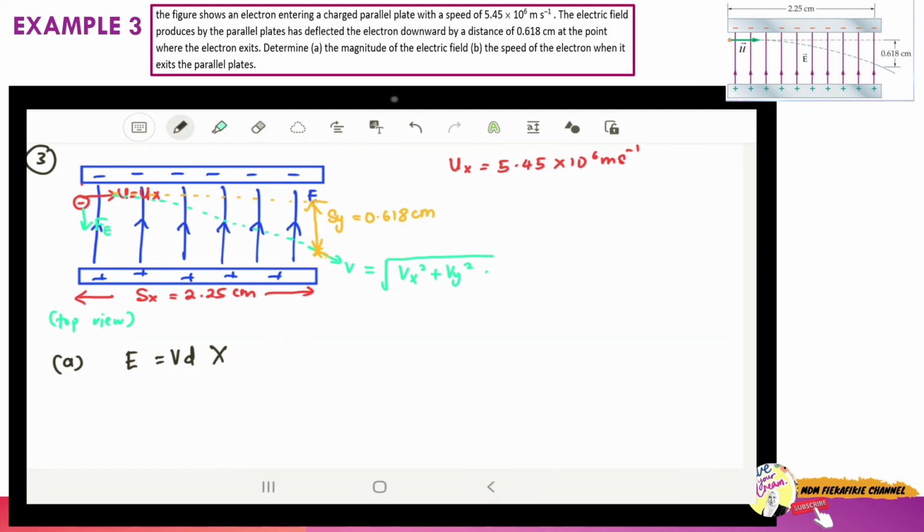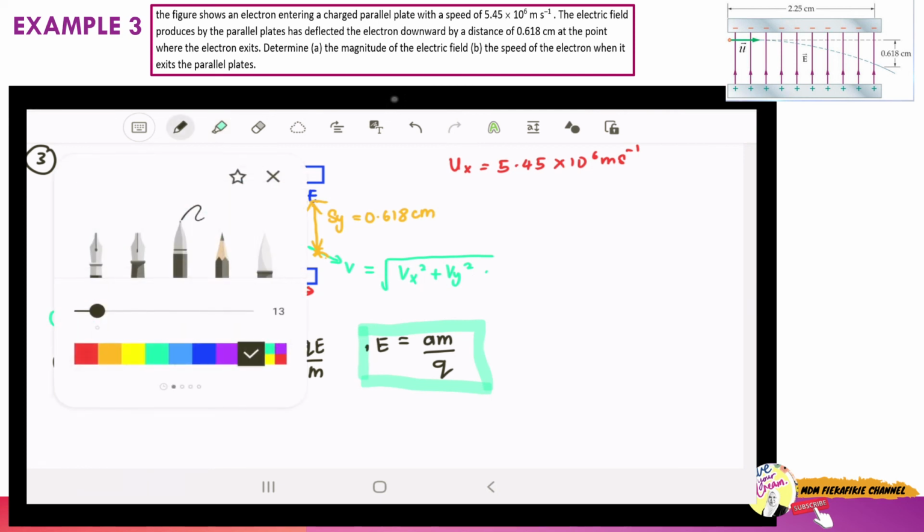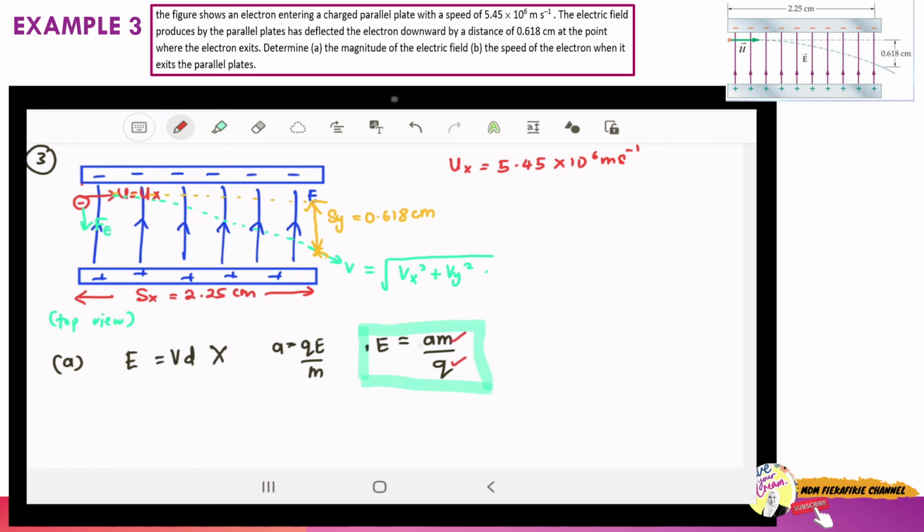From acceleration, A is equal to QE over M, therefore rearranging the equation, E is equal to AM over Q. I want to use this equation to solve for part A. I do have the mass of the electron and the charge of the electron, but I don't have the value of the acceleration A.